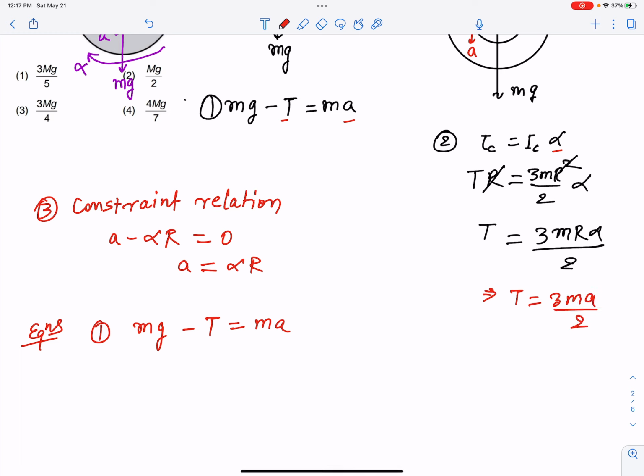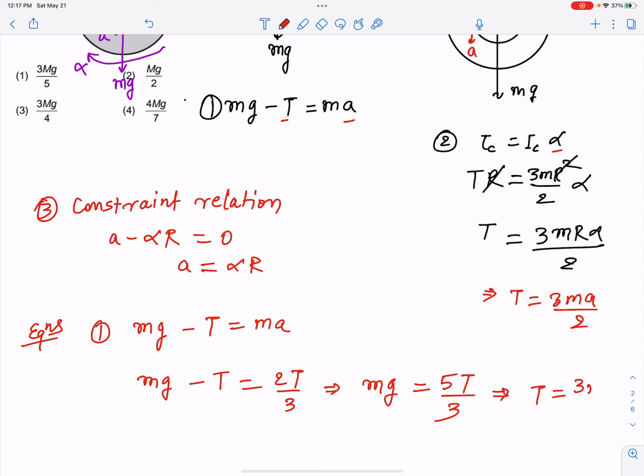We need T, so in the first equation we keep T and replace ma with 2T over 3. If we solve this, we get 5T over 3, right? So from here we got T equals 3mg over 5, right?